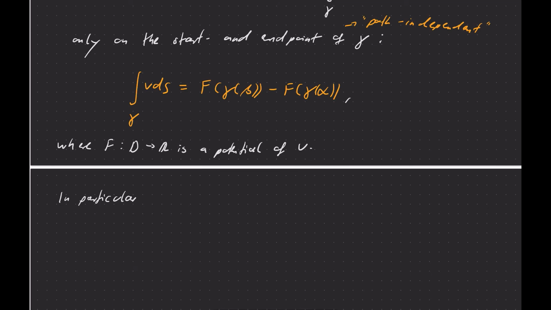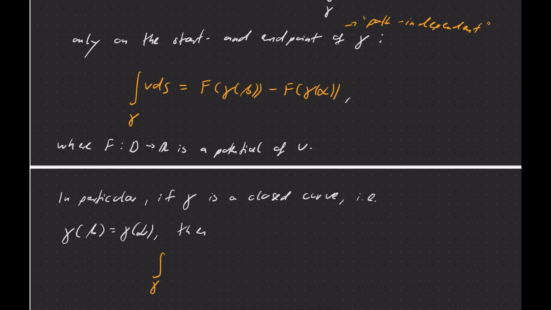So in particular, if gamma is a closed curve, meaning gamma of beta equals gamma of alpha, then this integral of V ds along gamma is 0.